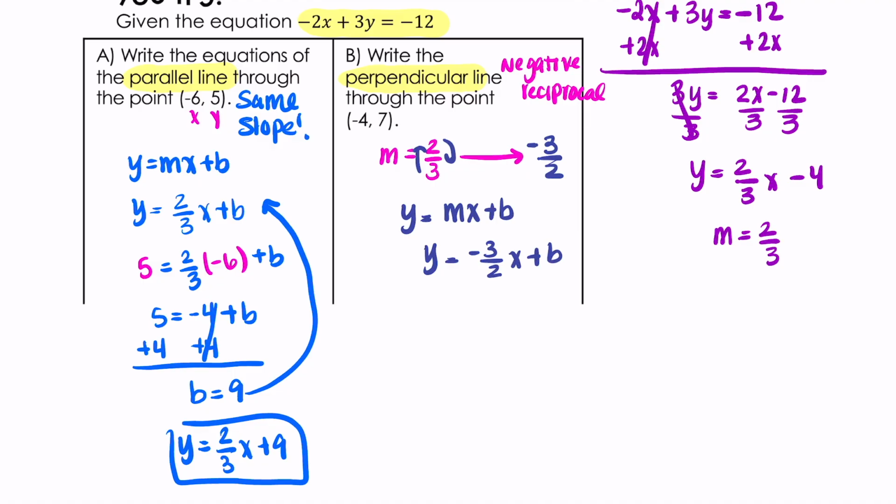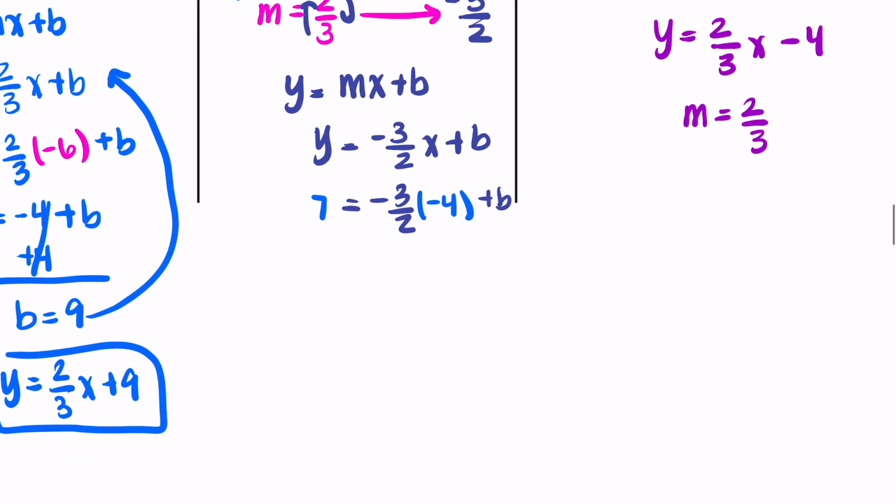And now we are using the point (-4, 7). So we still have that x value. We still have that y value. Let's plug it in to solve for b. And when we do that, we're now going to do negative 3 halves times negative 4. Negative 3 times negative 4 is a positive 12.